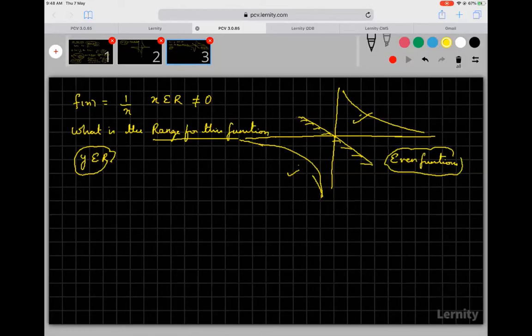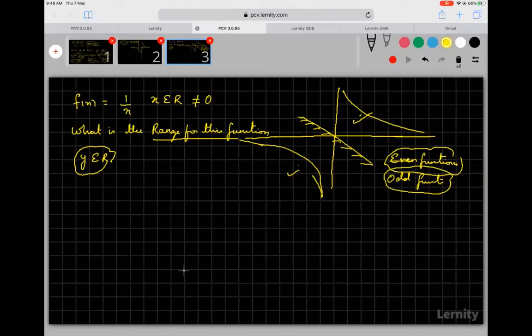Even functions are those which look symmetric about a line, and if it is symmetric about the origin, it is an odd function. I said even function, I'm sorry, it's an odd function. Okay, this is an odd function.